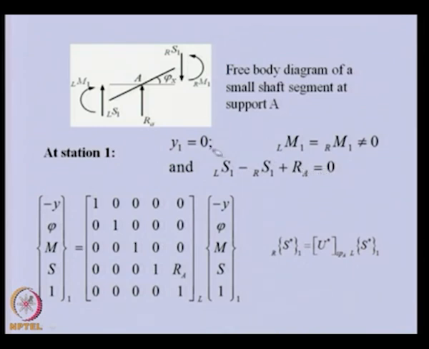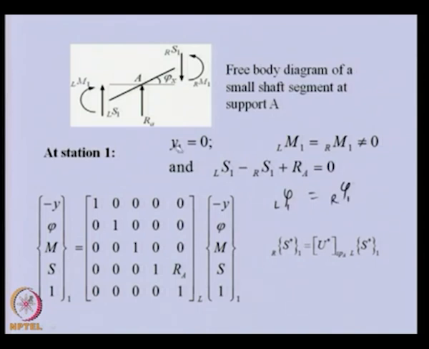Now, I want to put all these equations in a matrix form. Apart from this, the slope of this particular shaft will be the same on both ends. That means we have an additional condition that phi left of 1 is equal to phi right of 1.